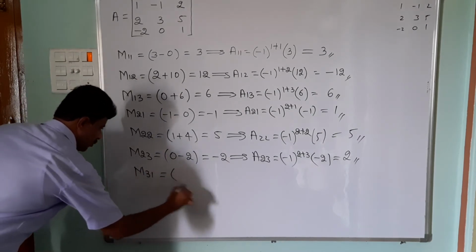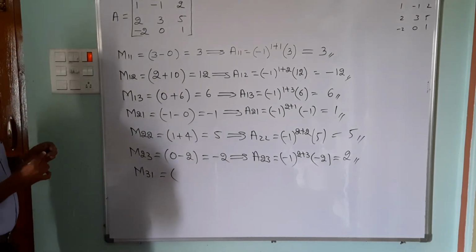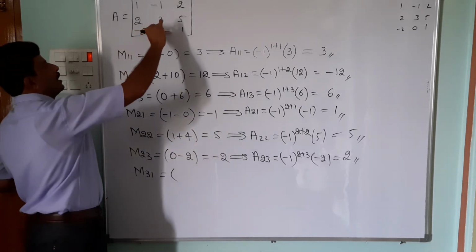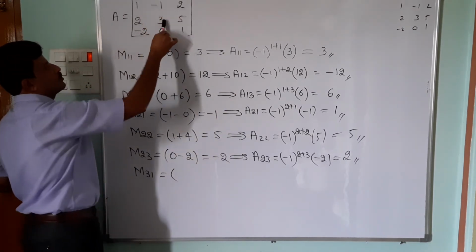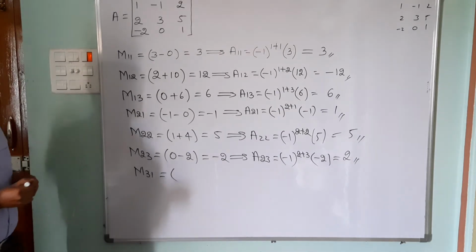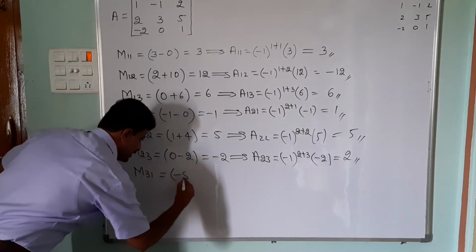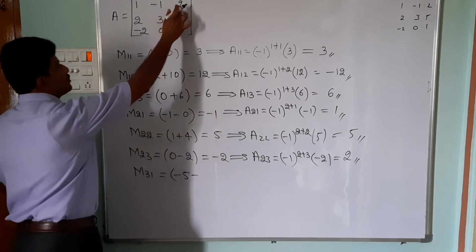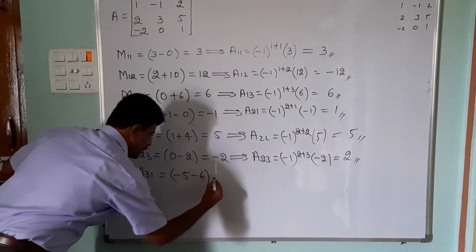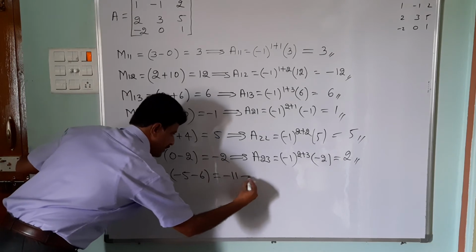Okay, next m31 here. m31 is equal to, so minus 2, close this row and column: minus 1, 2, 3, 5. So minus into plus, minus 1 into 5 is minus 5, minus 3 twos are 6. So minus 5 minus 6 is minus 11.